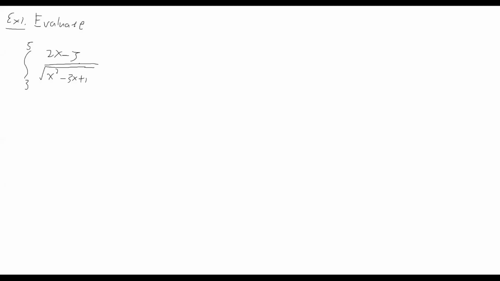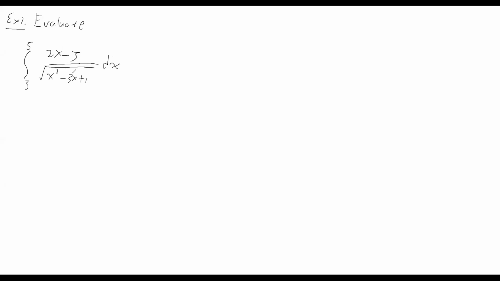Okay, so let's start with example 1 from the textbook. We want to evaluate this definite integral right here. I forgot the dx. If you look at this, there's basically no special formula for that. We do see a radical in the denominator and a polynomial in the numerator.